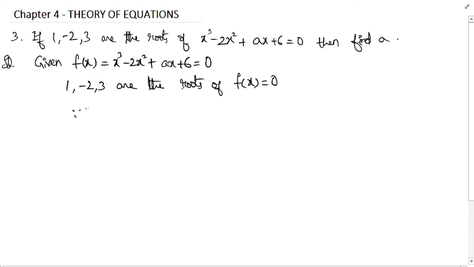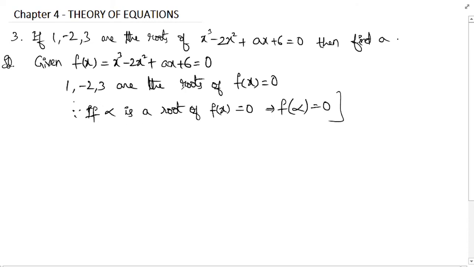Since there's a formula that if alpha is a root of f of x is equal to 0, then f of alpha is also equal to 0.